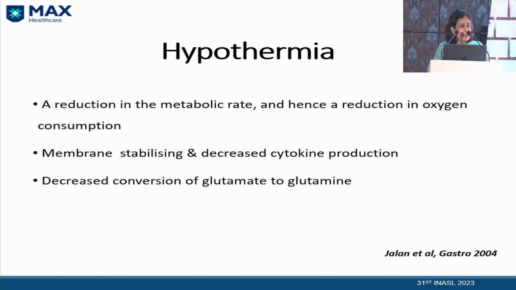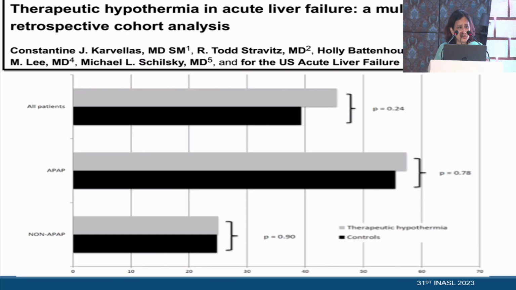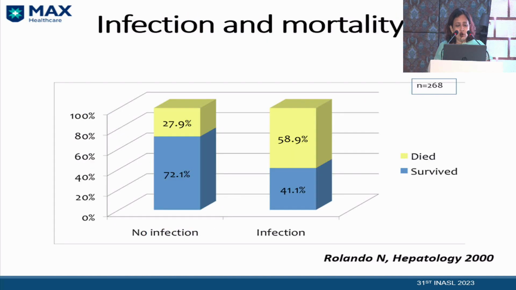Now we know that there is no role of hypothermia in ALF because of the problems associated with hypothermia as well, like coagulation disturbances and arrhythmias, and there are trials to show that we do not want to cool the patients too much, but we have to tackle the fever and we have to maintain the temperatures. So maintaining a temperature of 32 to 35 degrees Celsius definitely helps, although these studies have shown effectively that we don't want to really cool the patient down.